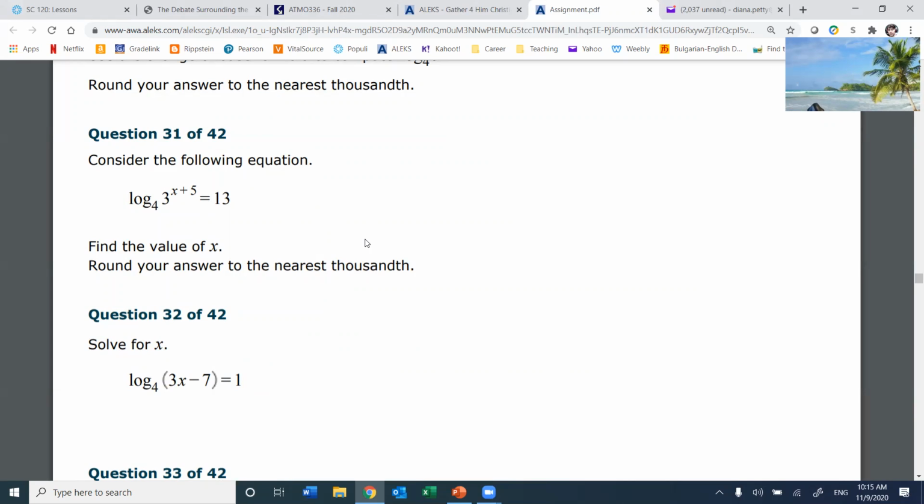We can rewrite it as an exponential equation instead of a logarithmic one.